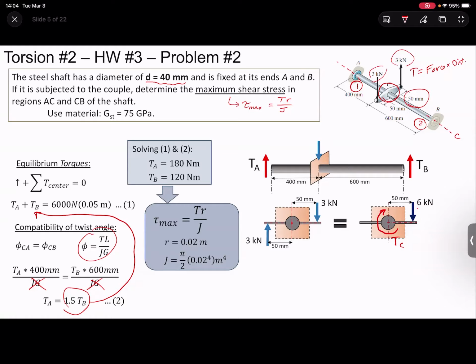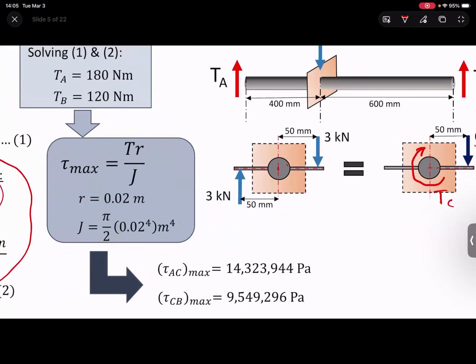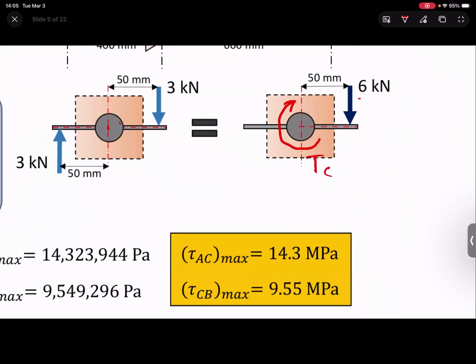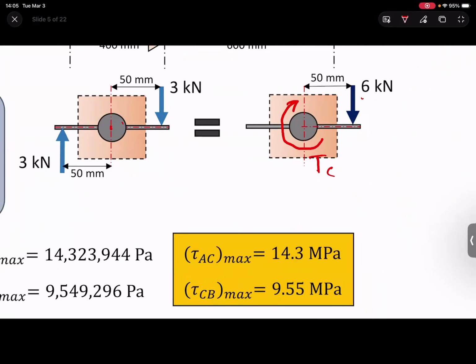Luckily, J is the same and radius is the same because the diameters of the shaft before and after are the same. So we just need to find those values once. And we see that the max shear stresses are shown here, which are gnarly big numbers, right? So you make them a little bit smaller and prettier. And we say that it's going to be about 14.3 megapascals and 9.55 megapascals.